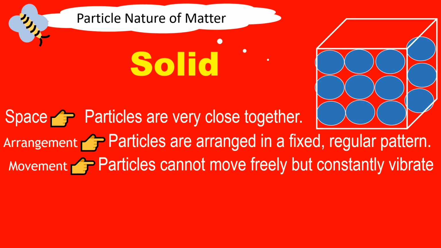In terms of space, the particles are very close to each other. In terms of arrangement, the particles in solid are arranged in a fixed, regular pattern. And in terms of movement, particles cannot move freely but constantly vibrate in their fixed position.